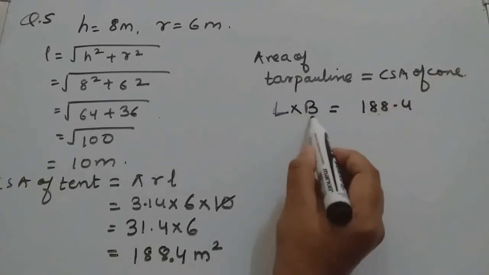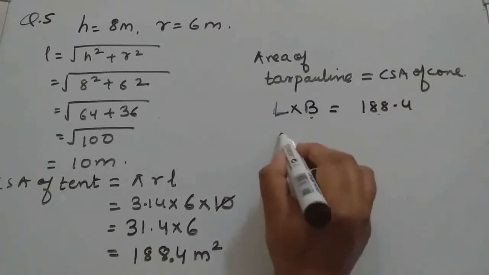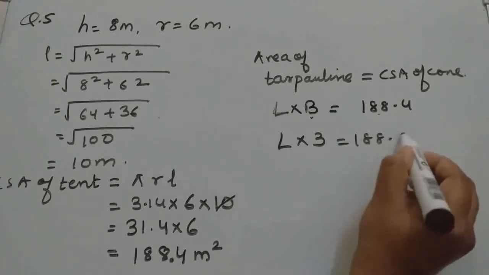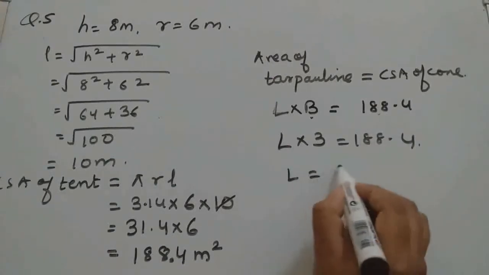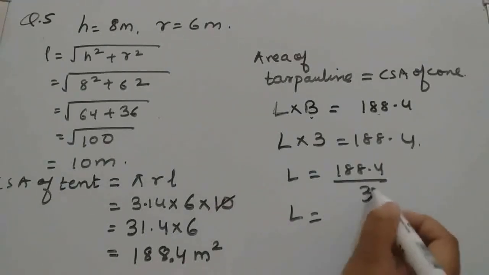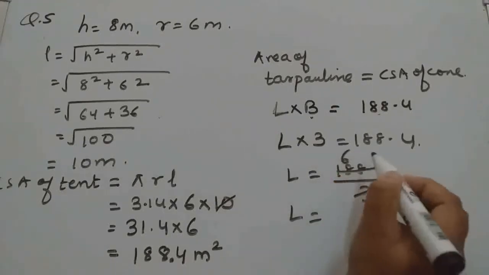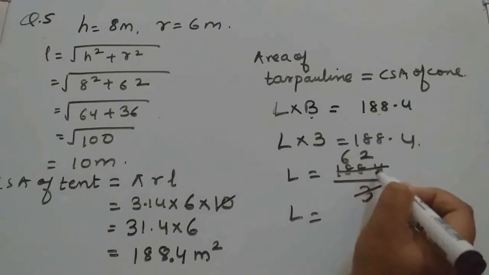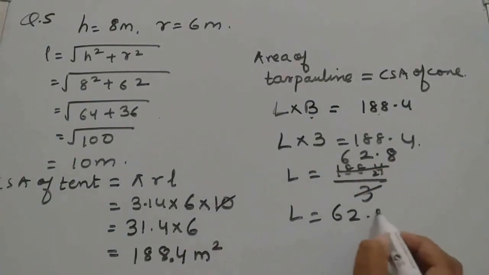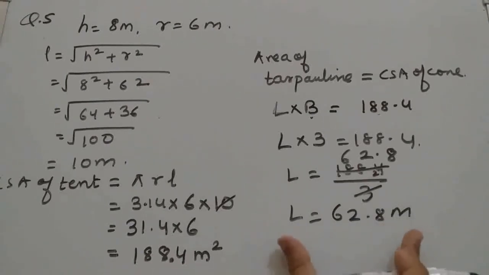But the breadth is given, it is 3 meter wide, so L into 3 is equal to 188.4. So L is 188.4 divided by 3. From 3 we can cancel, 3 6s, then 3 2s will come, then 3 8s are 24. So 62.8 meter is the required length.